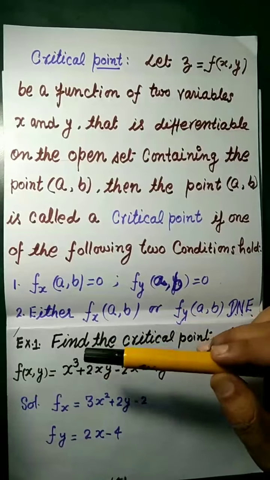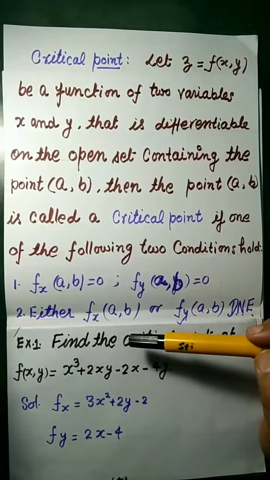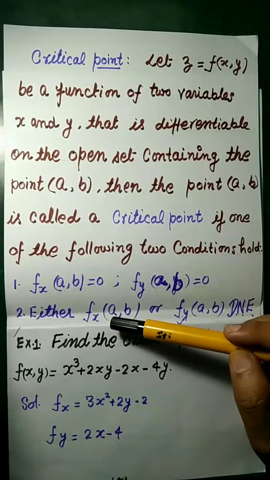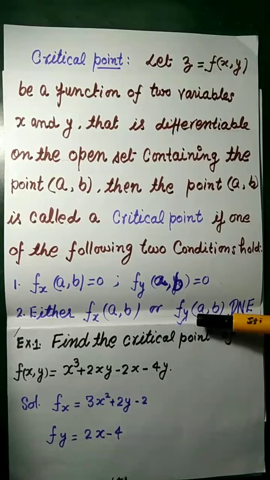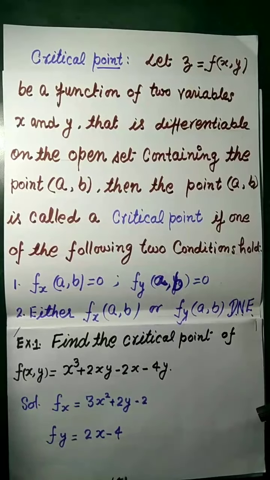And the second condition is that either the first partial derivative with respect to x at (a, b) or with respect to y at (a, b) does not exist.